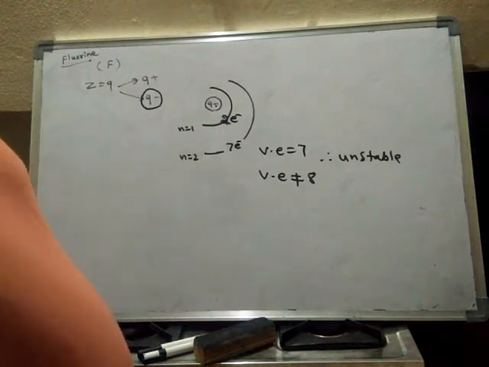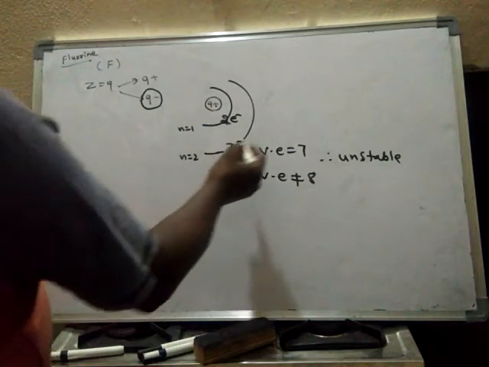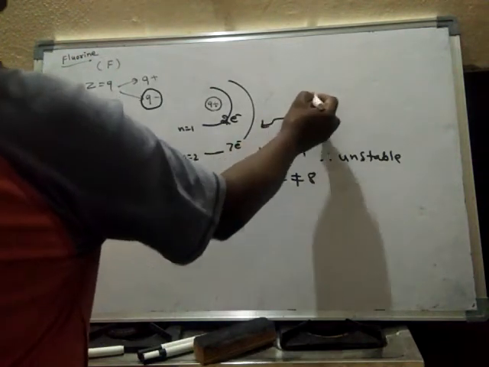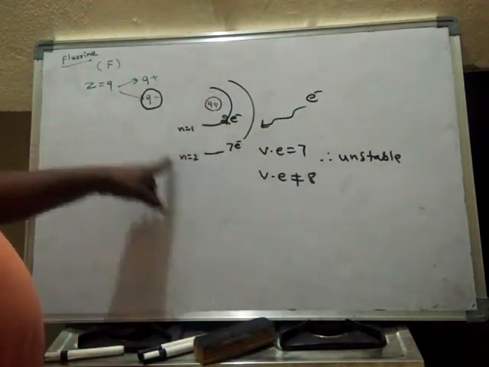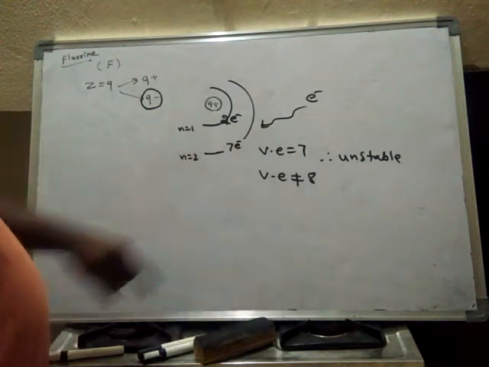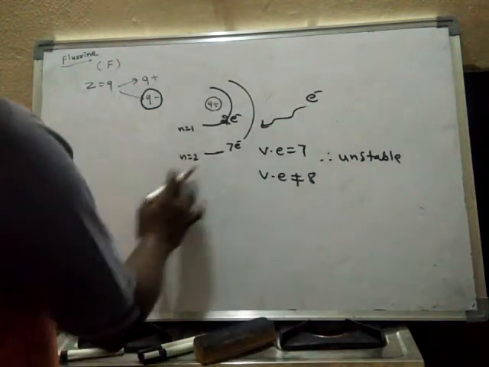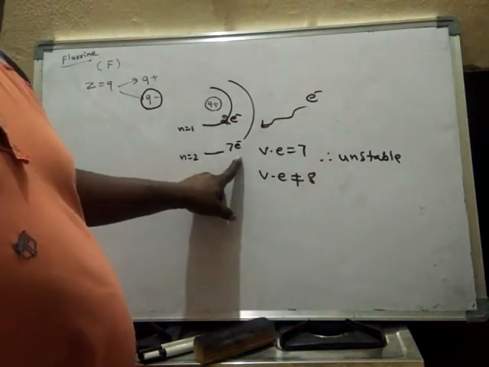Will the fluorine atom try to become stable? Yes, it will try to become stable. How? Suppose it gains one electron from somewhere outside. Electrons are always added to the last orbit only.